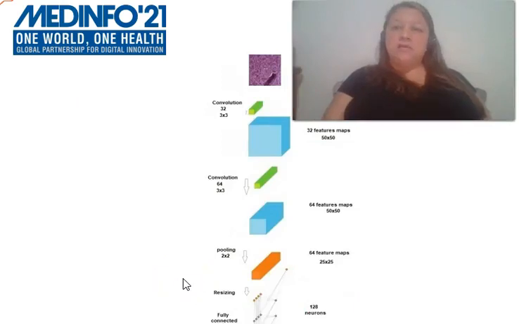The 3-layer convolutional neural network, CNN, is created in the Python language and uses the Keras library to classify images. The input is a 50 by 50 pixel image.